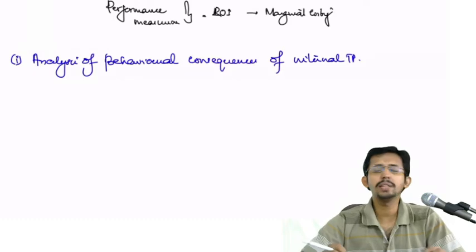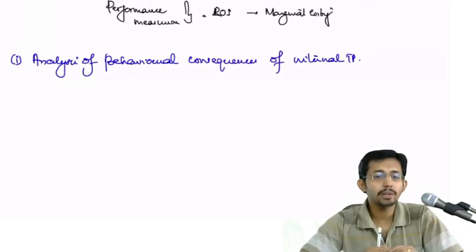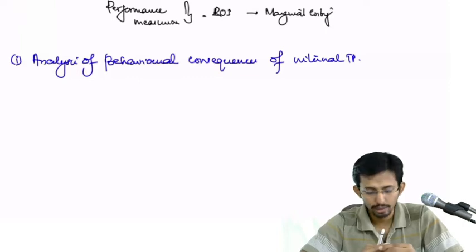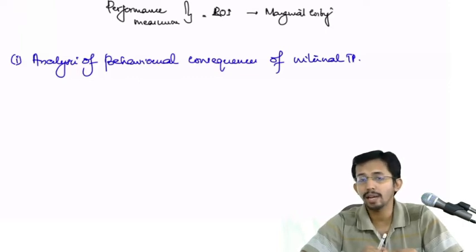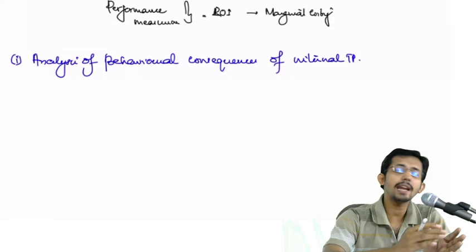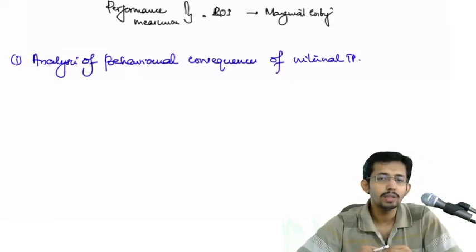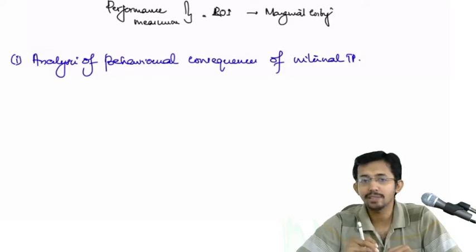Now the question is, when you talk about the behavioral consequences, you have to explain how this transfer pricing will affect Division A and Division B and their respective managers. Now there are two aspects which you need to consider here.